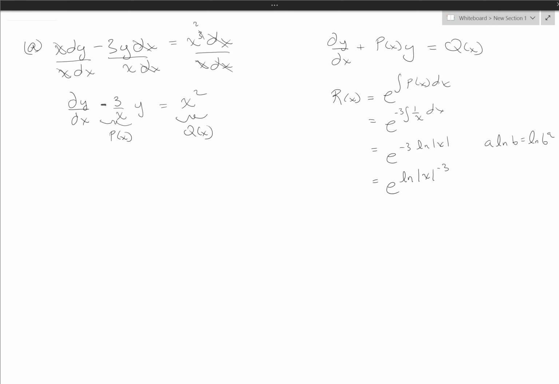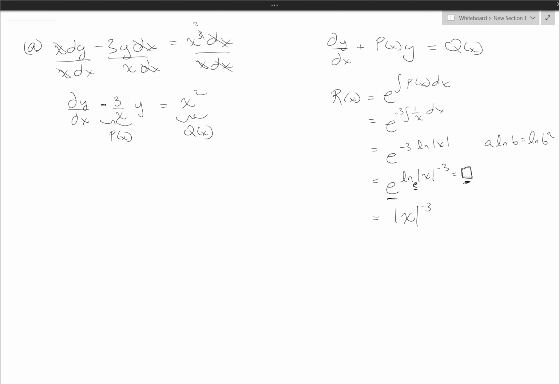We also know, look at this, e to something. So this e to the box is equal to x to the negative 3. Well, this e is to the same box. Therefore, this equals the magnitude of x to the negative 3.